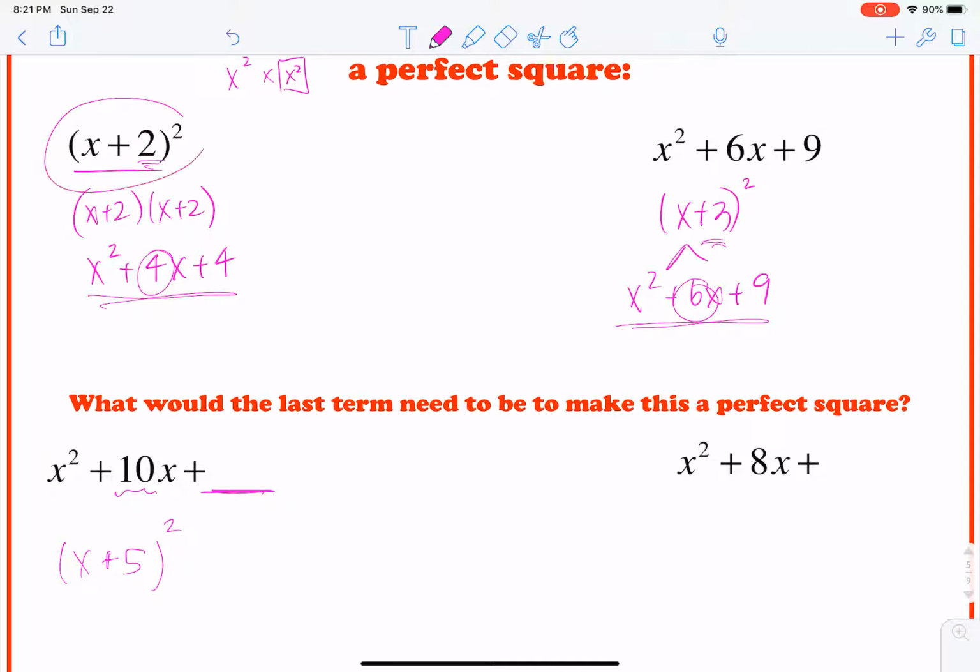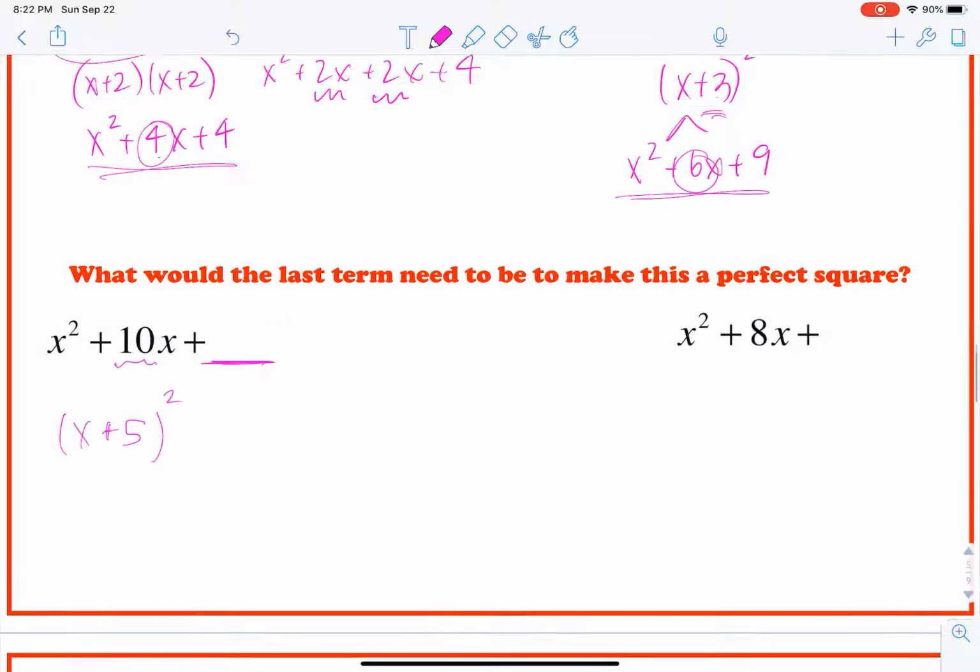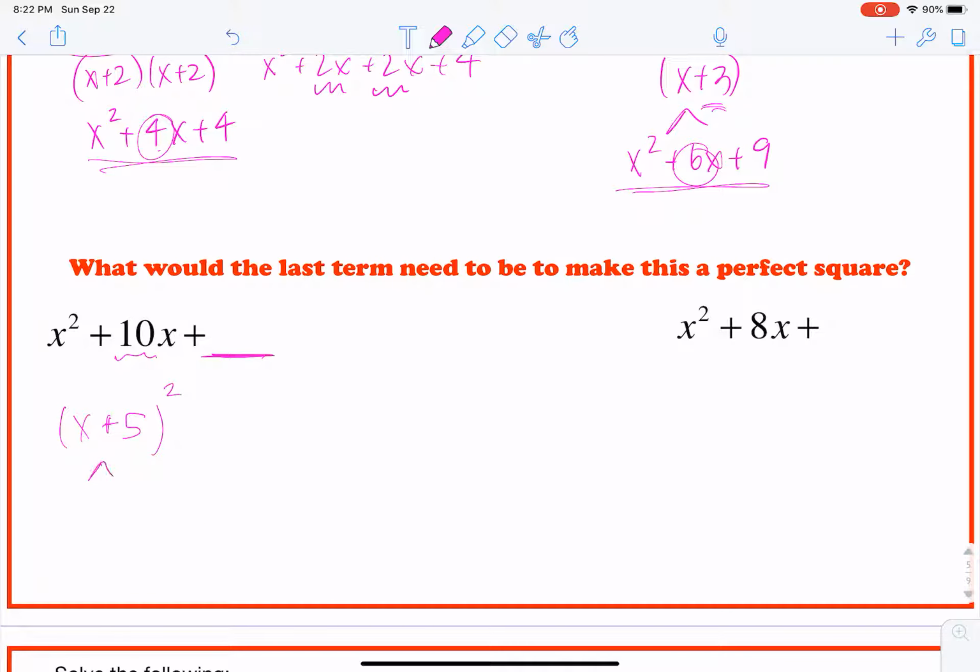Because when I expand this x plus 2 quantity squared, I know that I get x squared plus 2x plus 2x plus 4. So it's this 2 and this 2 that end up giving me this 4. So if I were to go ahead and expand this, it would give me x squared plus 5x plus 5x plus 25. So it looks like in order to make this expression here a perfect square, I would need to add on a 25 in the end.